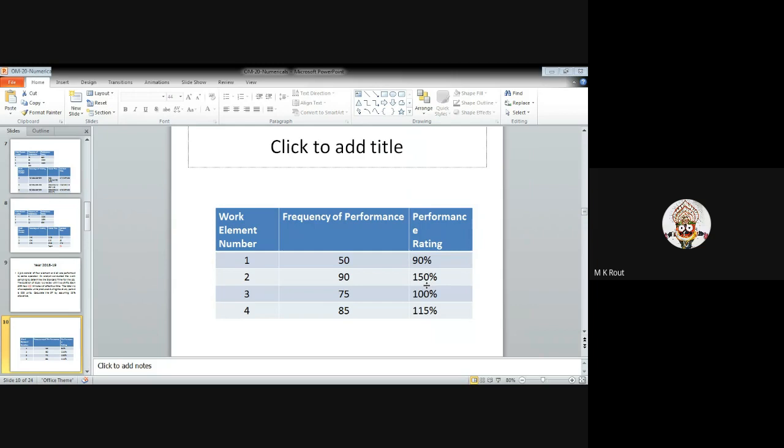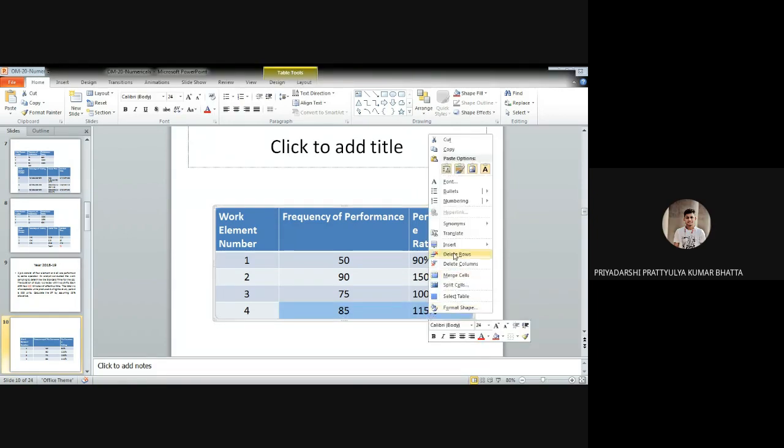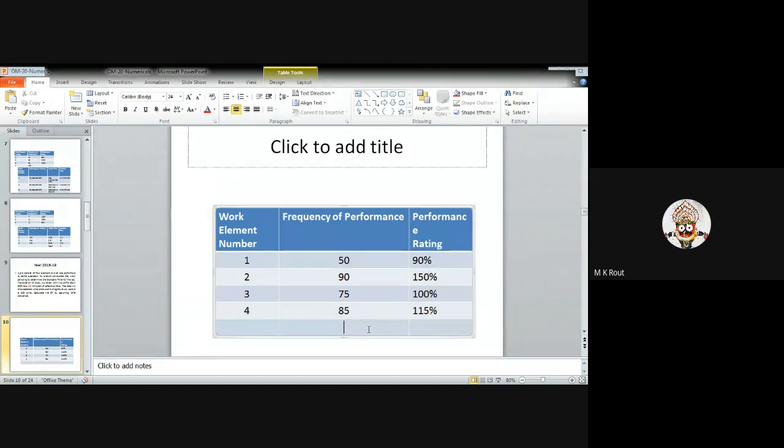What is the total number of observations here? The total frequency of performance is 300.